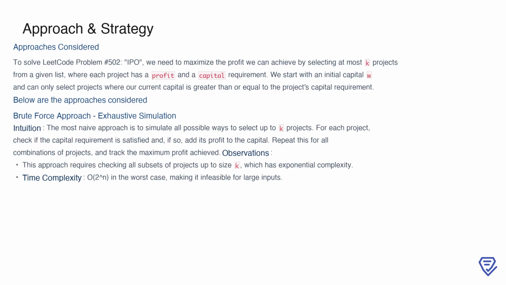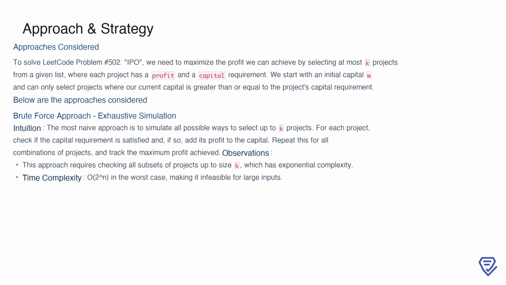For each combination, we check if the capital requirement is satisfied, add the corresponding profit to our capital, and track the maximum profit achieved. However, this method is highly inefficient because it requires checking all subsets of projects up to size K. With exponential complexity, this approach quickly becomes impractical for larger inputs, as the time complexity can reach 2 to the power of n in the worst case.